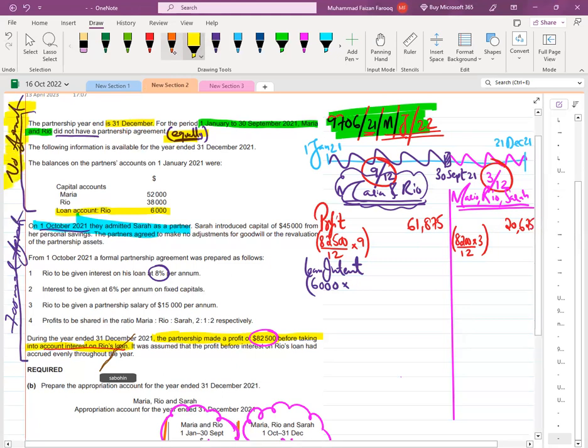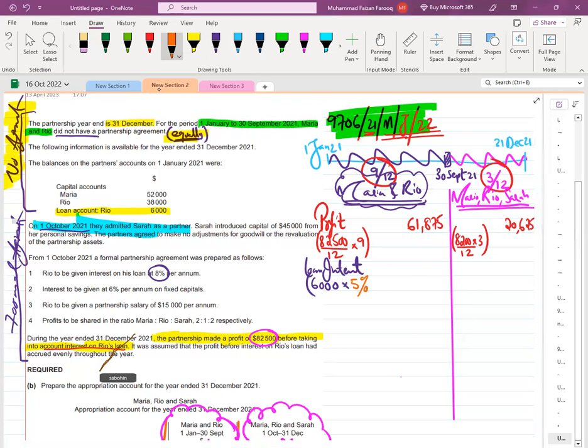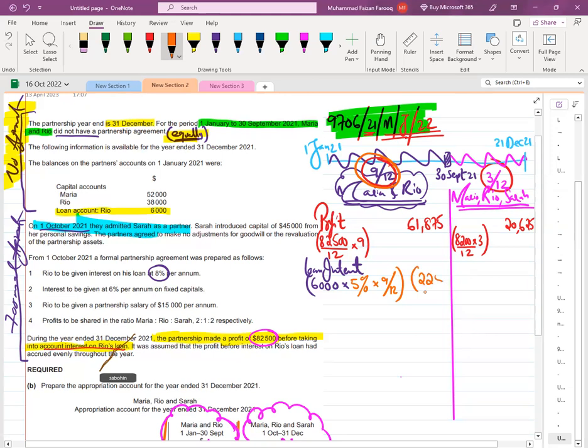When we read the book and did this chapter, we finalized that if there is no agreement, the loan interest is fixed at 5%. This is by default, and this percentage is for the whole year. We are talking about only 9 months when they were two partners without agreement. So the amount of interest is 225.